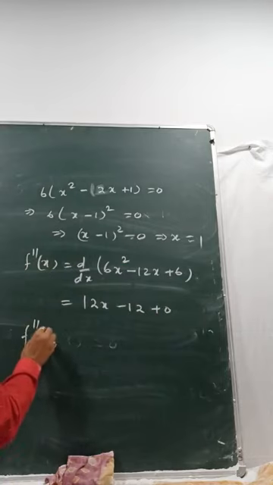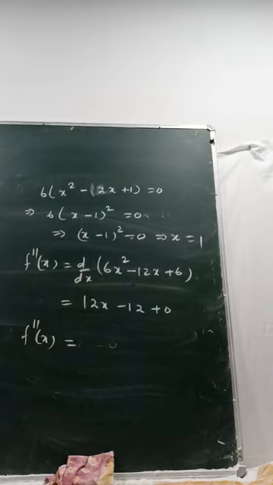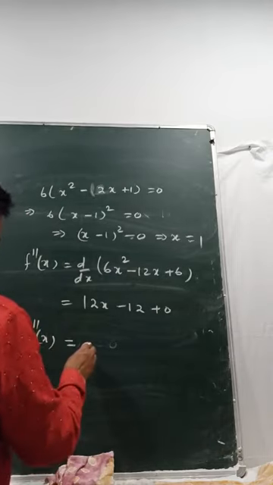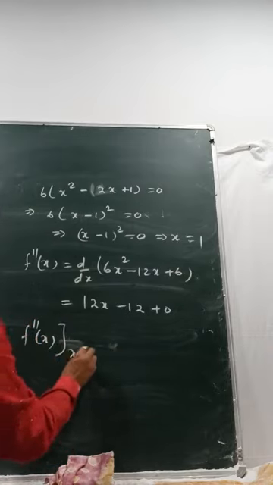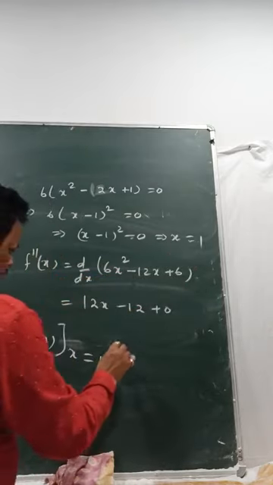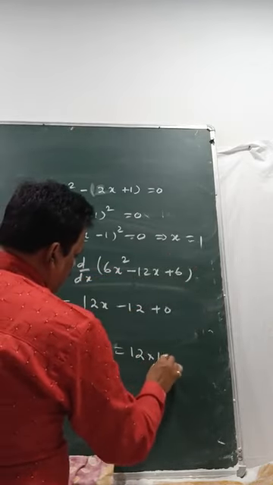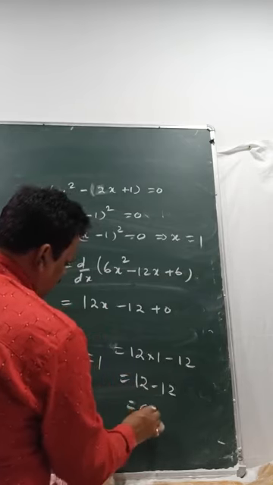Now f double dash x at x equals to 1. So that will be 12 into 1 minus 12. That means 12 minus 12, which is 0.